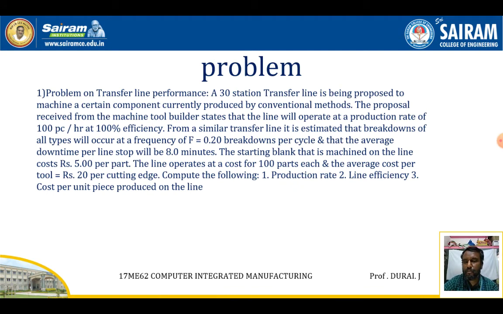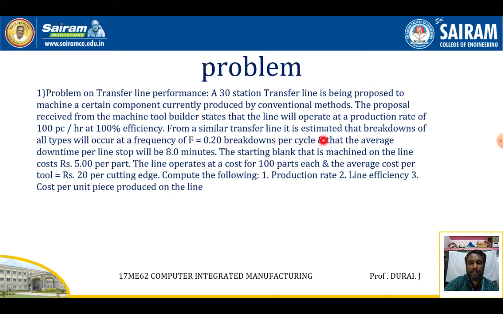Then comes the problem on transfer line performance. A 30 station transfer line is being proposed to machine a certain component currently produced by a conventional method. The proposal received from the machine tool builder states that the line will operate at a production rate of 100 pieces per hour at 100% efficiency. So RP is 100 pieces per hour, and the efficiency is 100%.